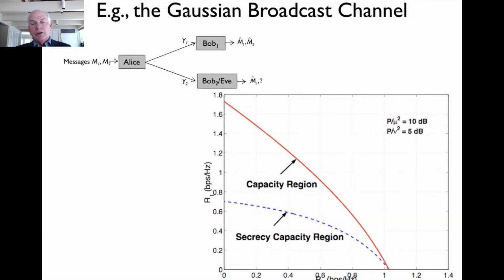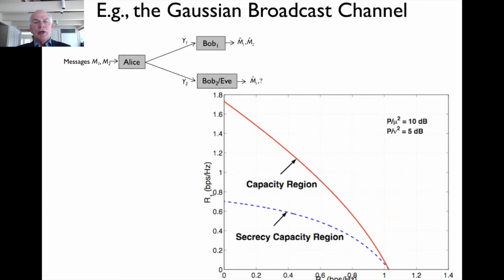On the horizontal axis, you see the range of rates for the common message. On the vertical axis, you see the range of rates for the secret message, that is the message that's going only to the top receiver. And the red line, all the points below the red line, is the actual capacity region of this broadcast channel.